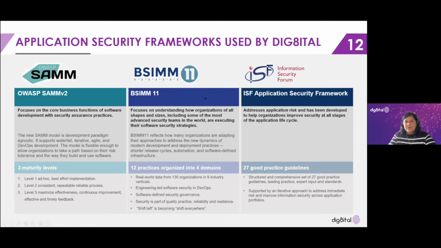There's also BSIMM. BSIMM is actually very interesting. It has a collection of real world data from 130 organizations in 9 vertical industries. So you have there what they put together, the things that organizations have already tried, and which of them work.